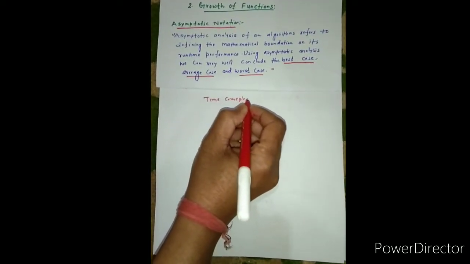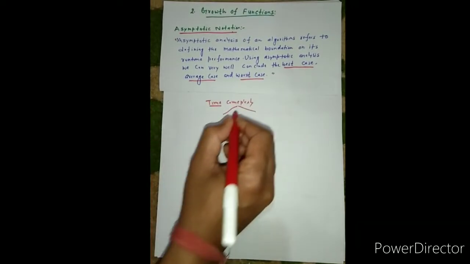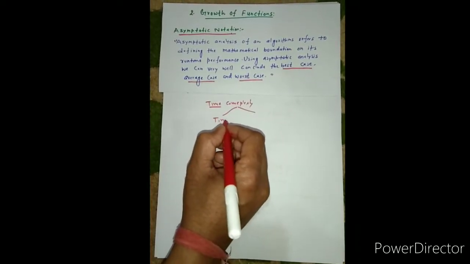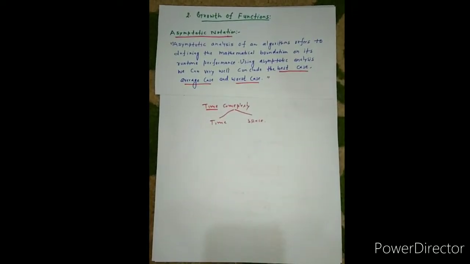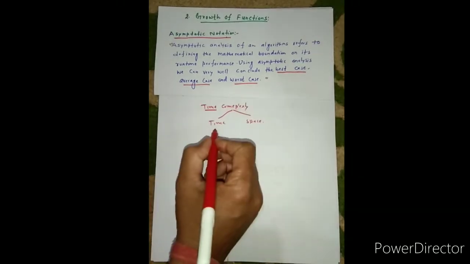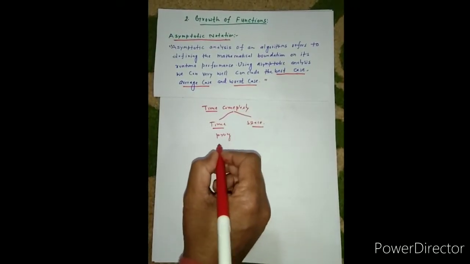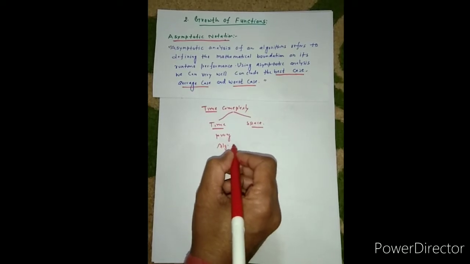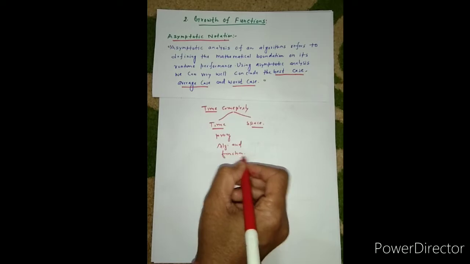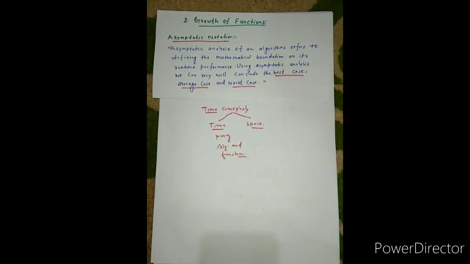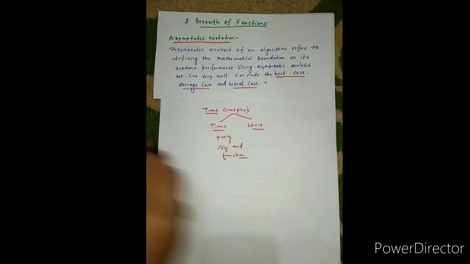Complexity refers to the time or space, that is, the time and space requirement of a program, algorithm and function.